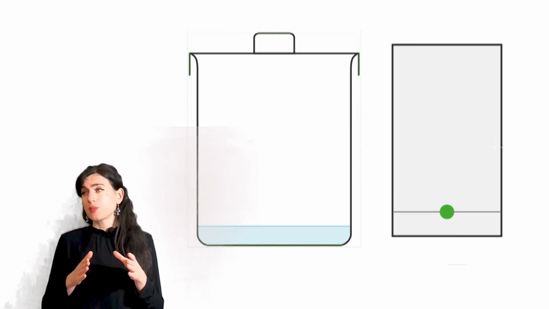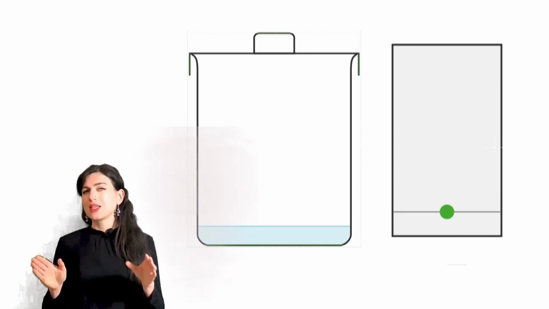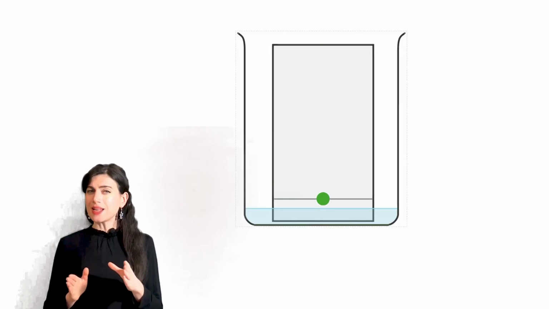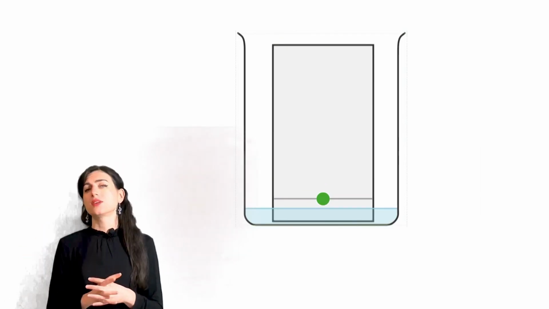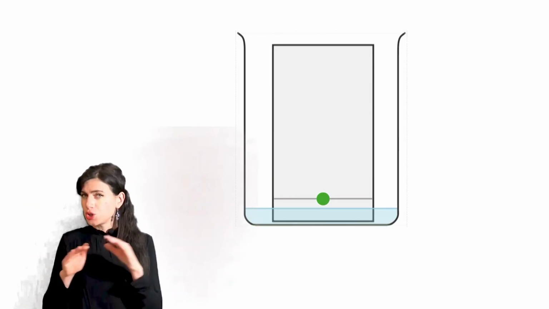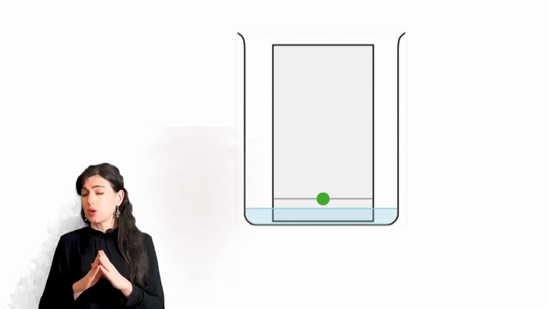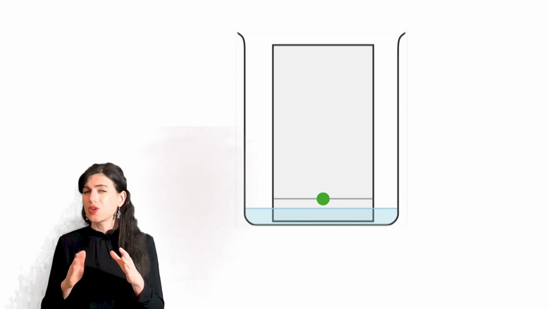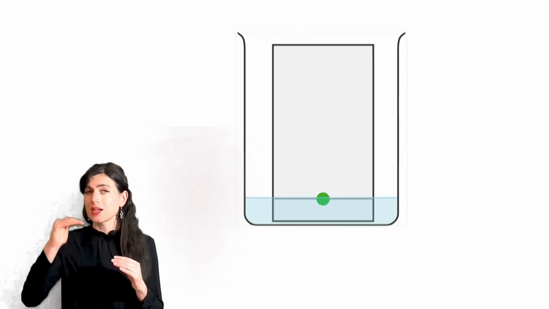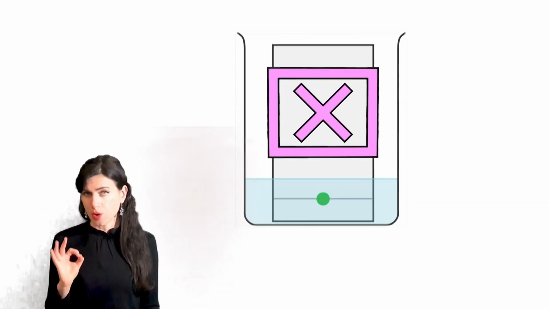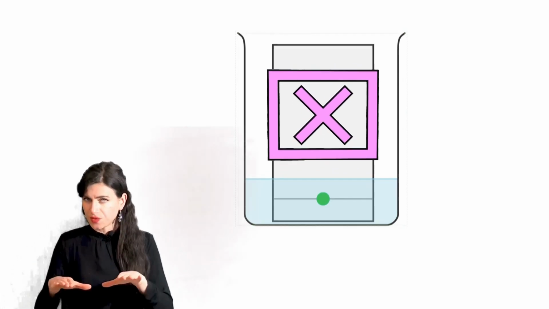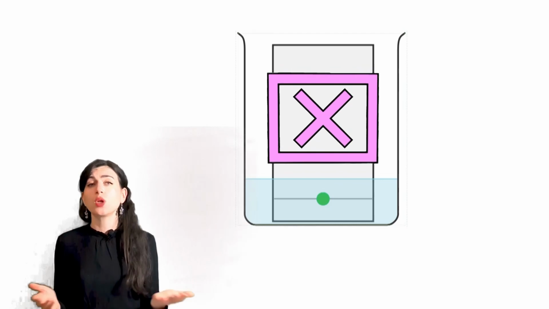So this pre-prepared eluent mixture is added to the elution chamber. Next, we place the TLC inside the elution chamber, ensuring that the bottom of the TLC touches the solvent, but without letting the solvent pass the loading line. That's very important, otherwise our sample will simply dissolve in the eluent mixture and we will lose it.